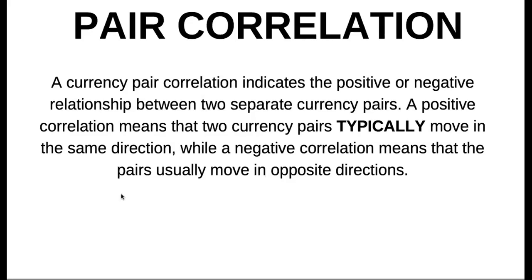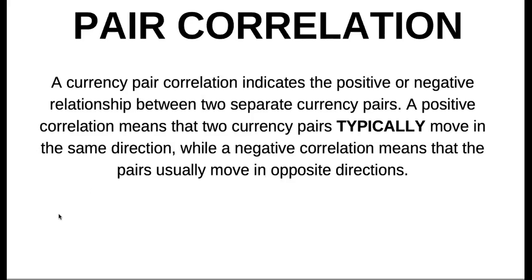You're going to want to know which pairs are positively and negatively correlated with those pairs, so that if you get into a trade that is going in the opposite direction of what you thought, you can actually get into a counter trade of a different pair and kind of offset those losses. Of course, that is way advanced, and you'll learn about that as you go on.